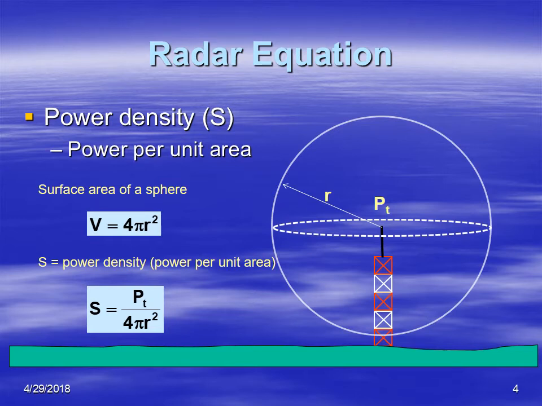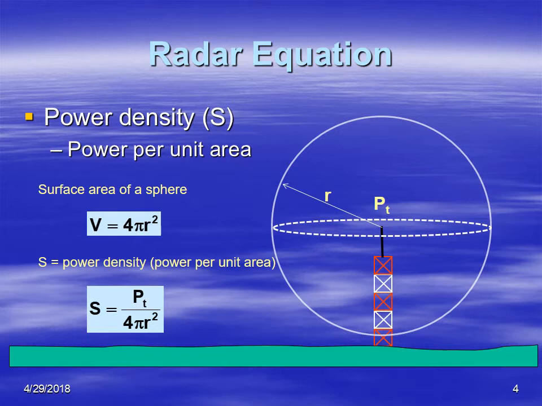Now it's going in all directions, and we can figure out the power density. In other words, how much power there is over a given unit area of a surface sphere, a given distance r from the radar, using the equation for the surface area of a sphere, which would be 4 pi r squared.